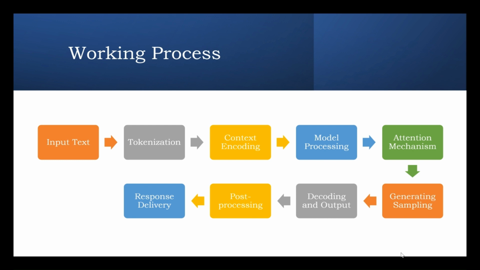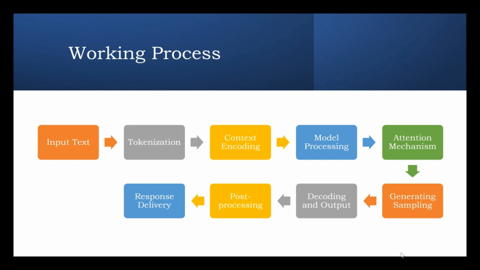Post-processing. The generated response may undergo a post-processing step to refine the output. In this, it removes redundant words and irrelevant information, corrects the grammar, or formats the text appropriately. After that, it moves to response delivery.